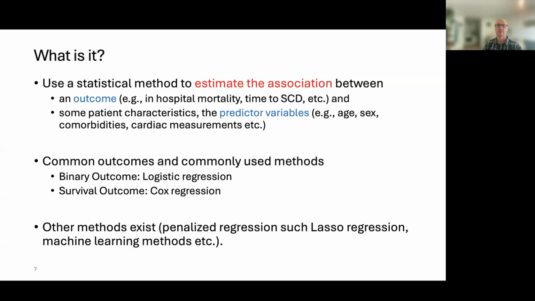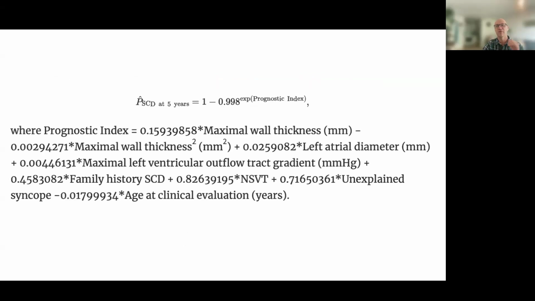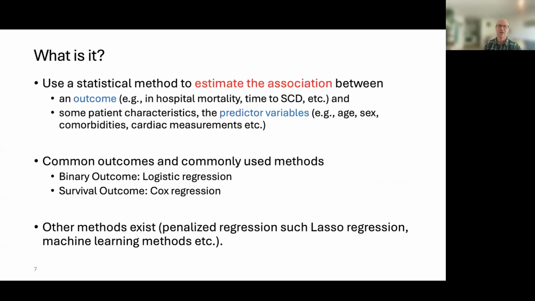Now, that equation that Alex showed before was based on Cox regression. You may have heard recently, go back to the previous slide, Alex, that there are some fashionable new techniques, or maybe not so new techniques. AI techniques, some people call them, others call them machine learning techniques.